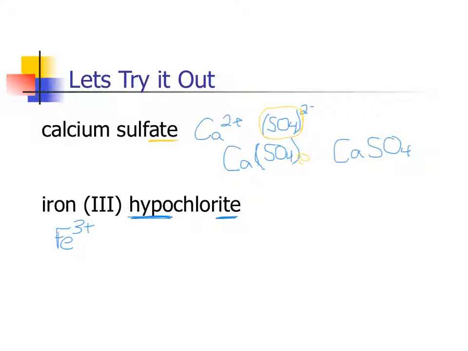So it's a hypochlorite. And so that one is indicating that I have, again, I'm going to put it in parentheses here, ClO. We'll put that in parentheses, but it has a negative charge. And we can see that my charges do not match up. So I need to do my crisscross method.